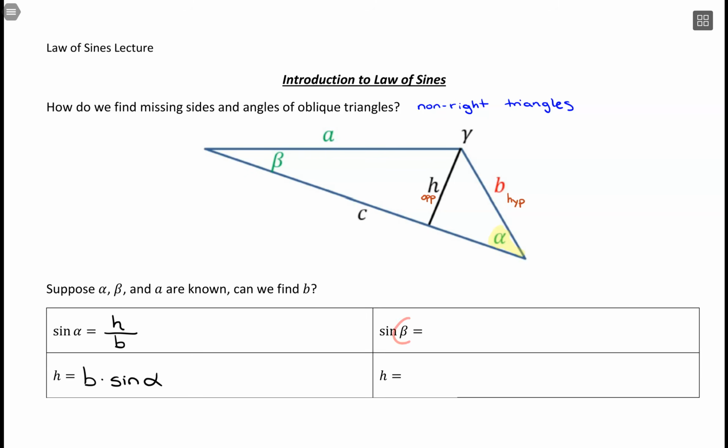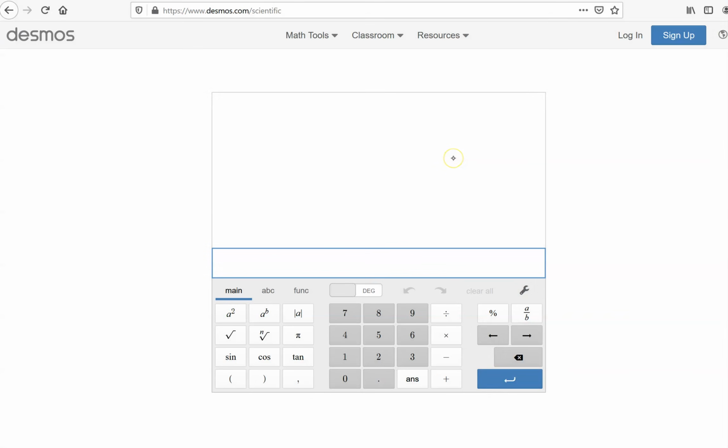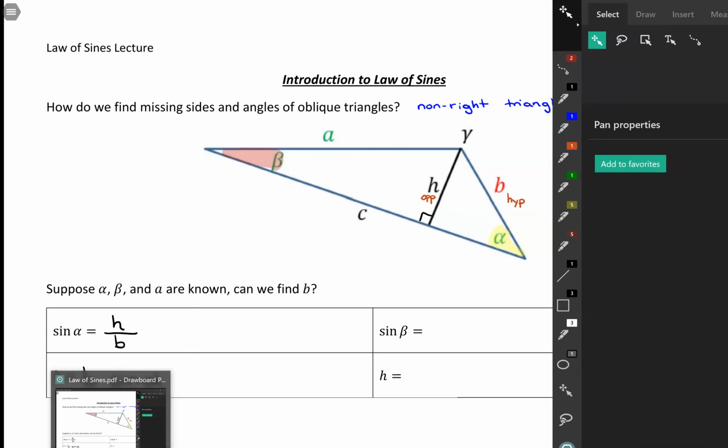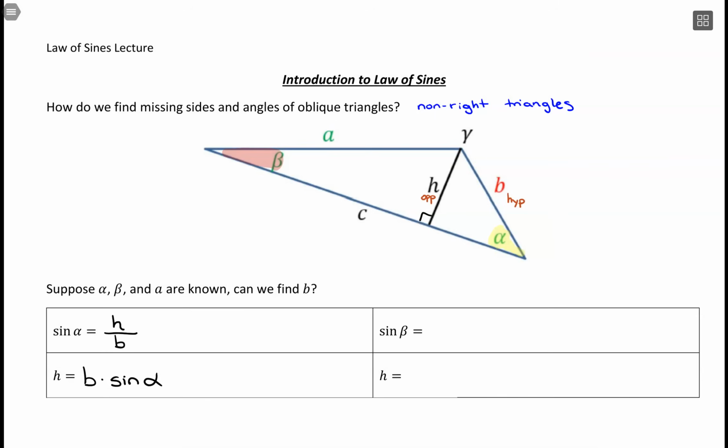Now what if we wanted to do the same thing but with beta? Let's say I'm at this angle beta and I want to look at sine. Again, I'm focusing on a right triangle, which is what we have right here. Okay, we're back. So I'm focusing on this right triangle right here.